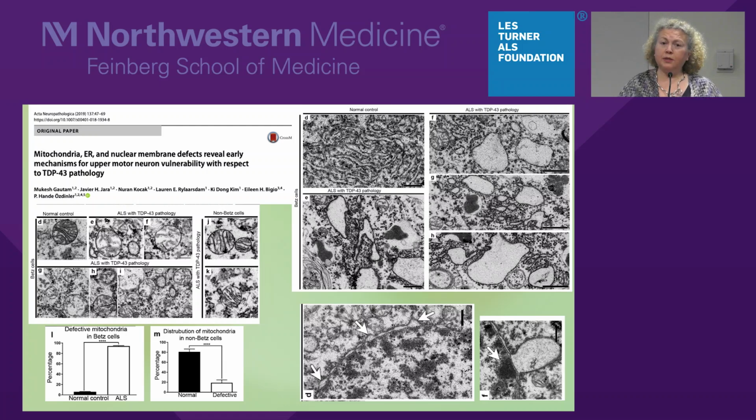So what happens in the brains which have TDP pathology? In this study, you're looking at electron microscopy images taken from upper motor neurons, the neurons that degenerate in ALS patients, and the neurons that actually initiate and control voluntary movement. They are in the brain, they project from the cortex to the spinal cord, and the spinal motor neurons then project to the muscle.